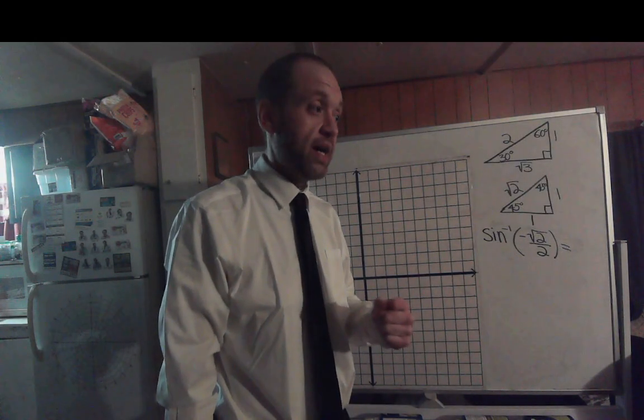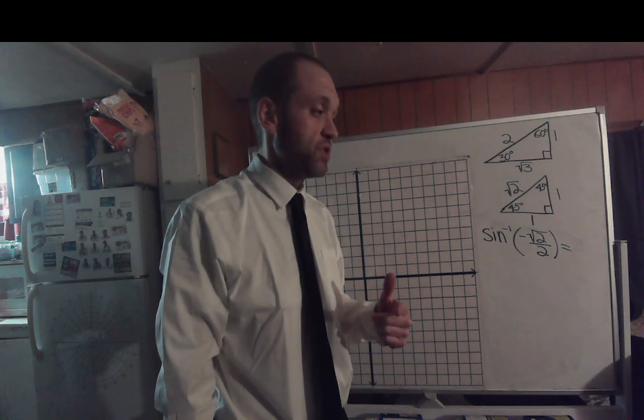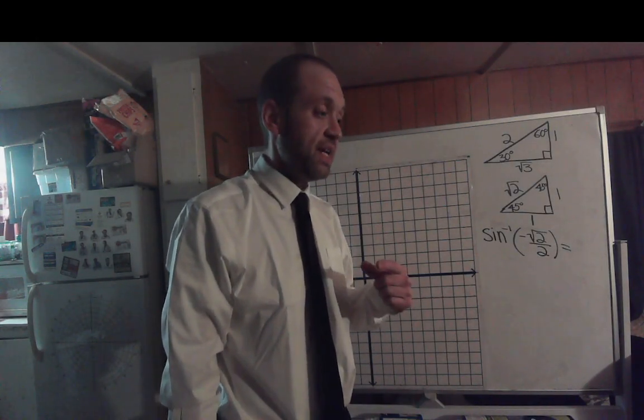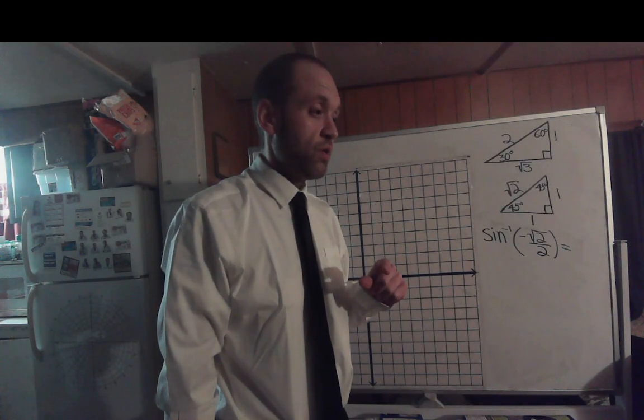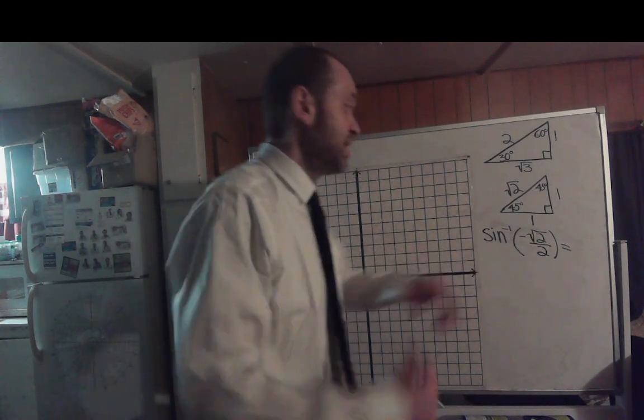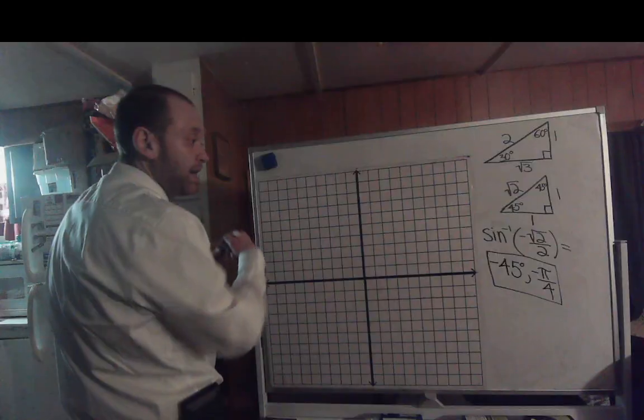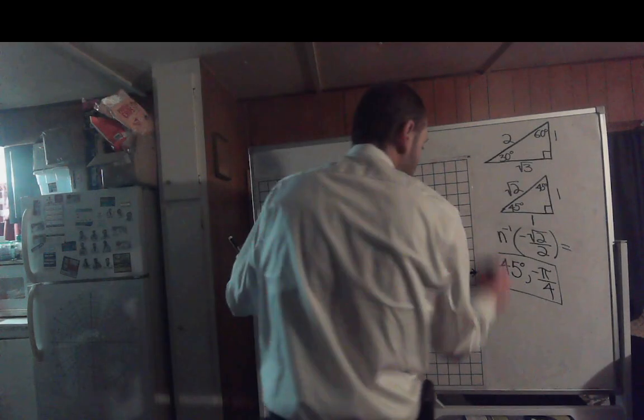It's negative pi over 2 to positive pi over 2. Since your sine's negative, it's going to be in the fourth quadrant, which means you'll end up having a negative 45-degree angle, or negative pi over 4 radians. That would be your answer. Negative 45 degrees, or negative pi over 4 radians.